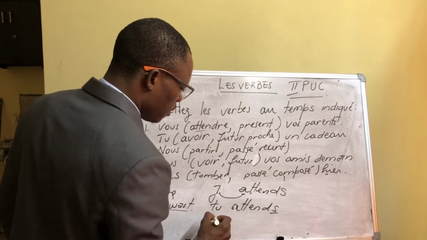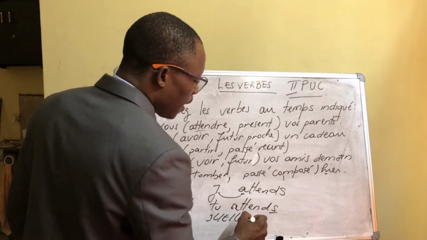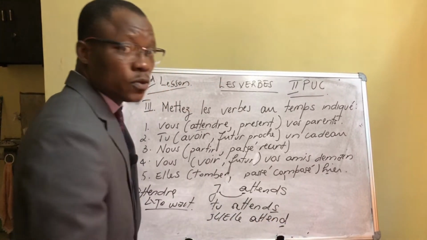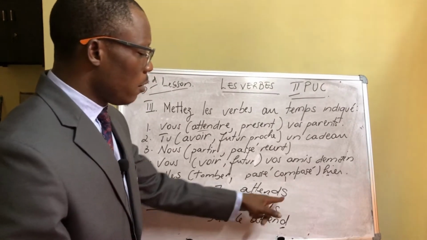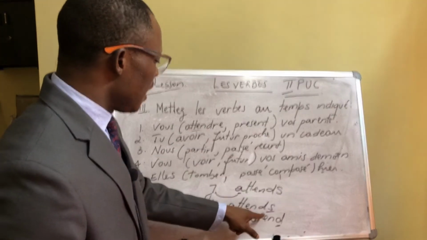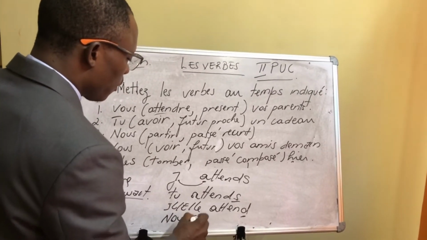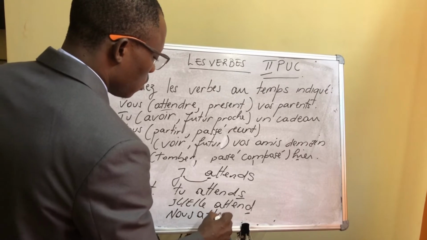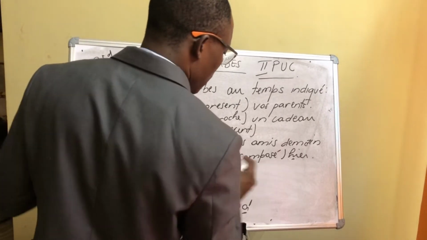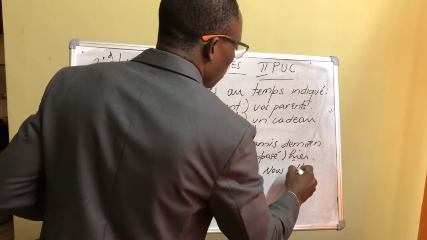J'attends. Tu attends. Il or elle attend. From here there is nothing to add. Remember I said we'll have S, S, nothing to add there. Il attend, elle attend. Nous attendons. I can write it there so you can see nicely. Nous attendons.